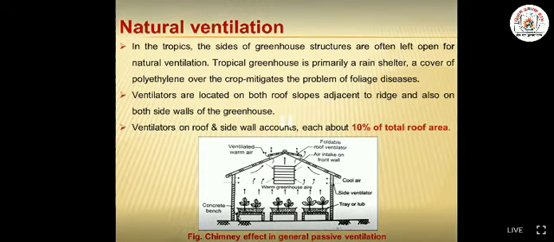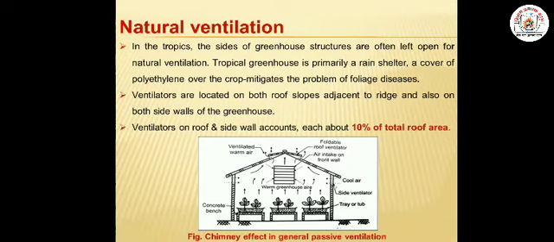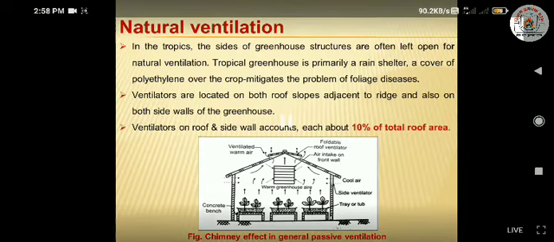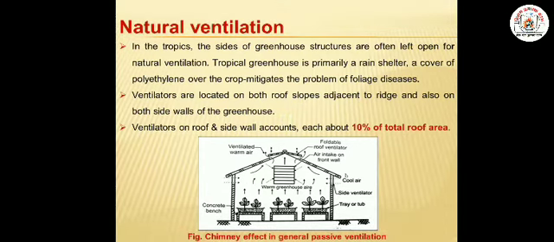Now on both sides of this greenhouse structure, side ventilators are provided in the side walls. Also, you can see this is the roof of that greenhouse structure, and this is the ridge.